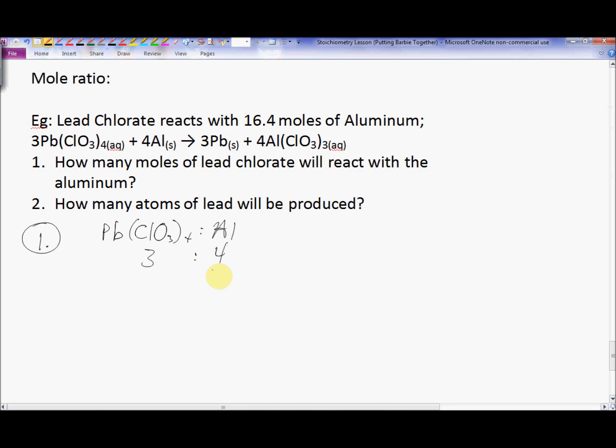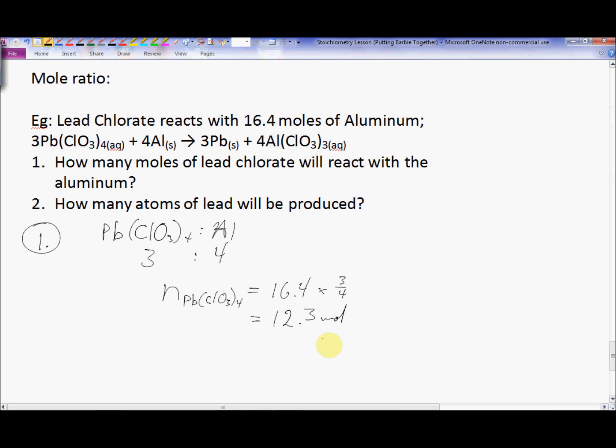So therefore, if we're trying to figure out the number of moles of lead chlorate, PbClO3, 4, okay, that's going to be equal to the number of moles of aluminum, 16.4, times the ratio, which is 3 over 4, 3/4, and that's going to be equal to 12.3 moles.